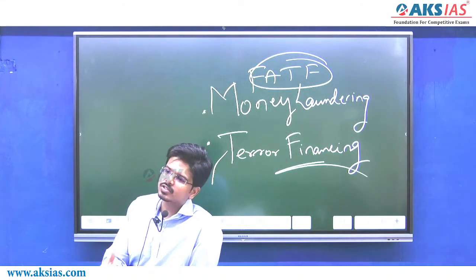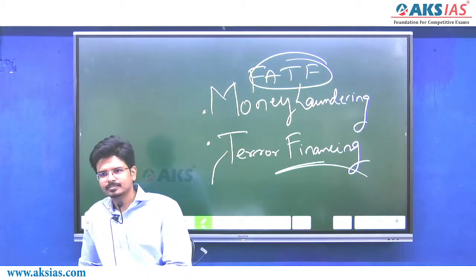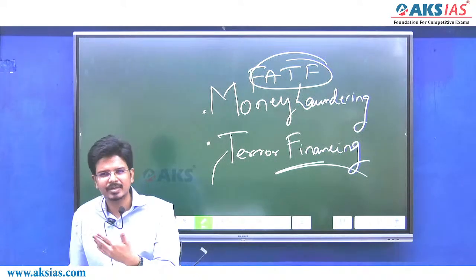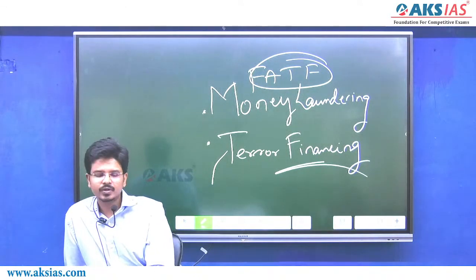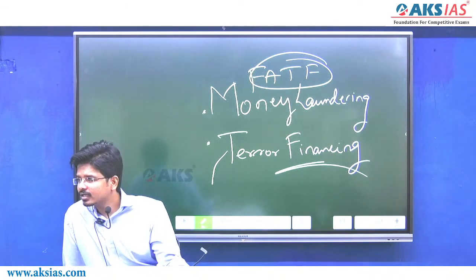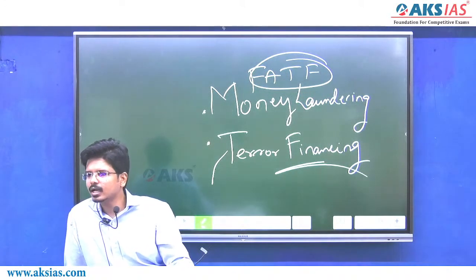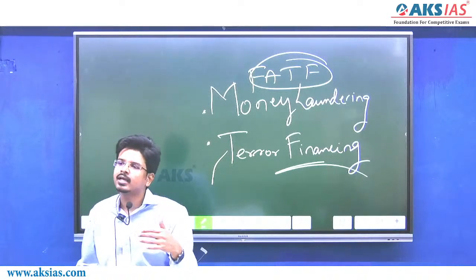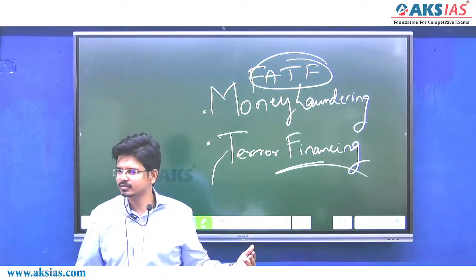And also sometimes if you are unable to recall the data, because we'll be seeing many data, many reports and indices, what we will do here is say that India has got a poorer rank compared to Nepal, that is, the neighboring countries of India: Nepal, Bangladesh, Pakistan, Sri Lanka.